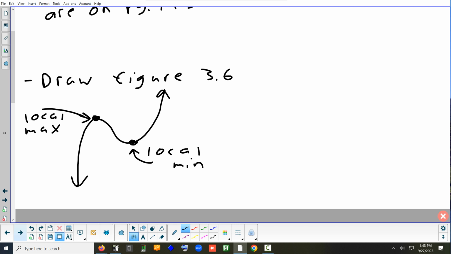Okay, when I call this a local maximum, local means it's not necessarily the highest y value ever, but it is the highest y value in that area. This has no highest y value because of this part right here. The highest y value is infinity. But this is a maximum that's higher than everything around it, and this minimum is lower than everything around it. I'm not saying it is the lowest value ever. It's just the lowest value in that area.